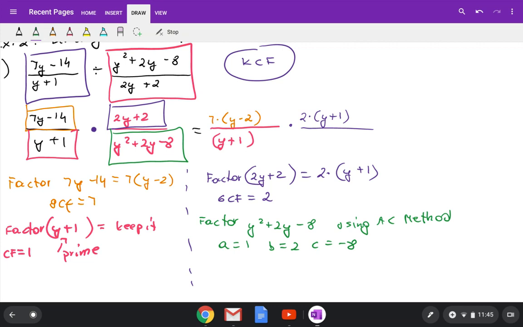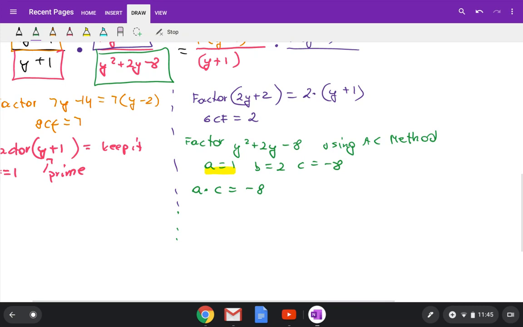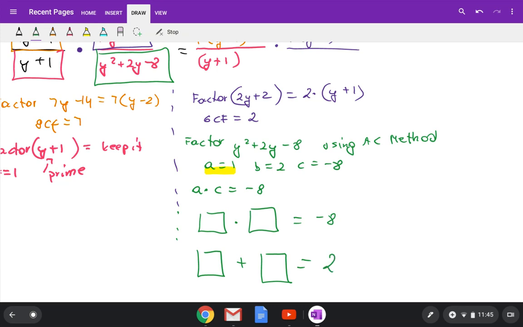We have a nice case because the leading coefficient equals 1. So we multiply a times c, and we end up with negative 8. Then we're going to find two integers which by multiplication give us negative 8, and by addition give you b, which is 2. So what's going to work?